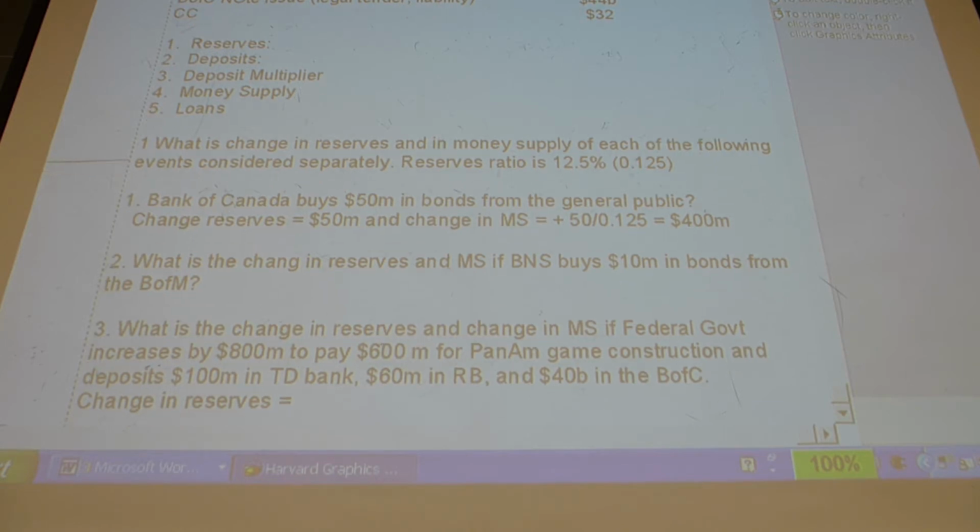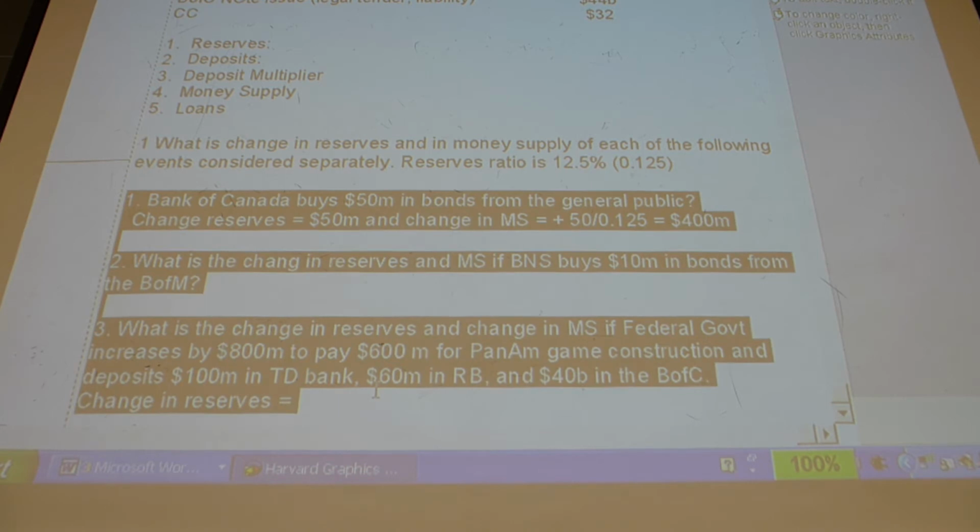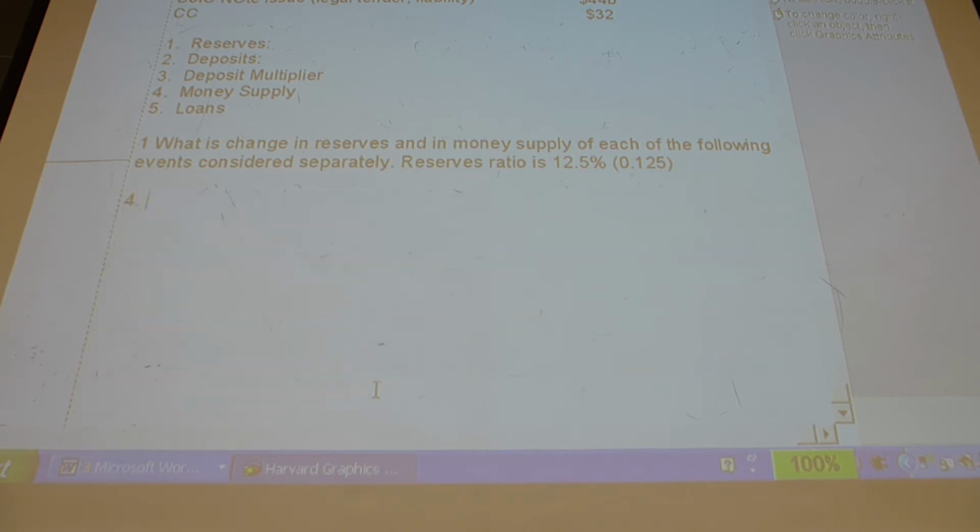This one you're going to make a mistake on. So try to wake up. Okay? What is the change in reserves and money supply if the public increases currency holdings by 50 million to avoid taxes?